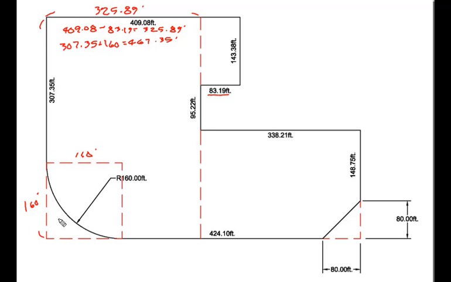So then to determine the area of this rectangle, we use 325.89 times 467.35 gives us 152,304.69155 square feet.